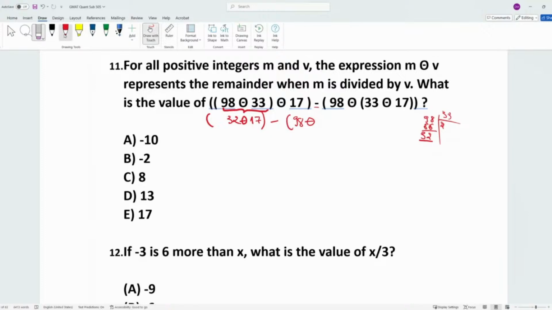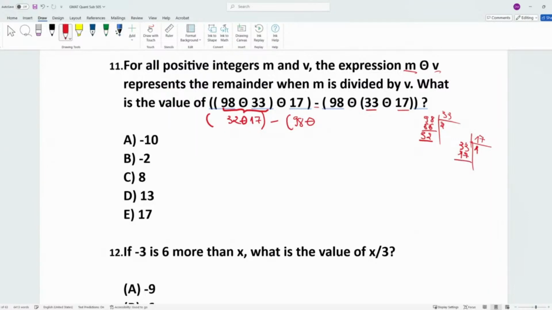We can quickly also do that. 33, because the value on the left here is equivalent to m, and the value on the right is v. Okay, so divided by 17. If we say 2, then we'll have 34 here. 34 is greater. Okay, so this is definitely going to be 1.